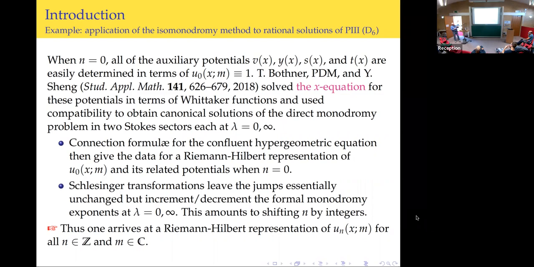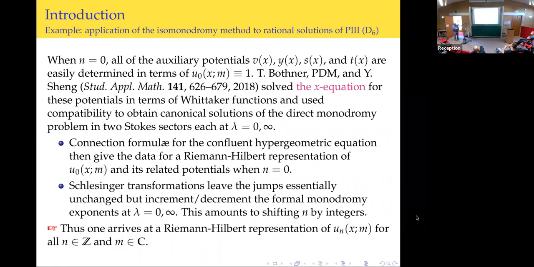Okay, and then we talked at the beginning about these Schlesinger transformations that act on the psi. What those do is leave the jump matrices, these connection matrices, basically alone. They're not changed at all, but they will increment or decrement some so-called formal monodromy exponents, powers of lambda at 0 and infinity in the expansions of the solutions.